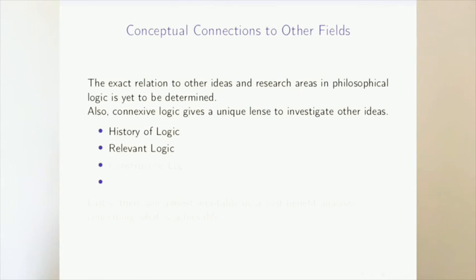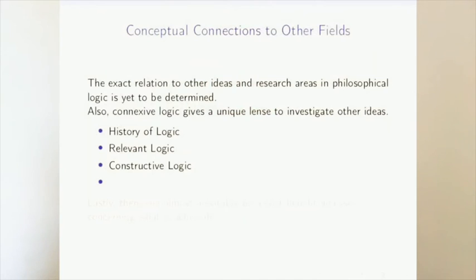You can ask that about relevant logic. Much of the research has been in close proximity to relevant logic. But still, it's not clear to me what the exact core is that both share or are supposed to share. And furthermore, whether it's actually formally achievable to have these motivations together.